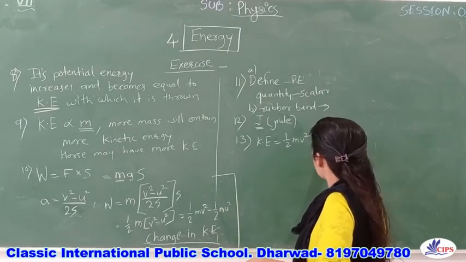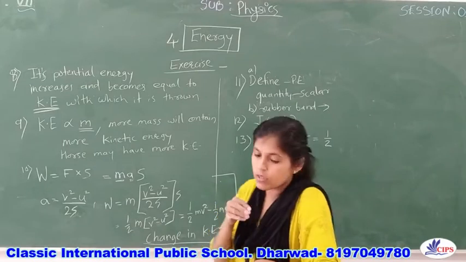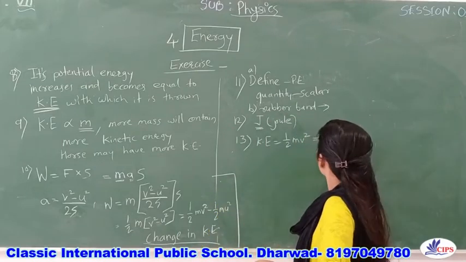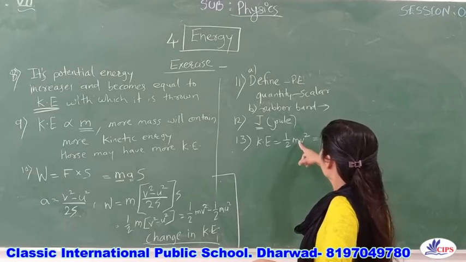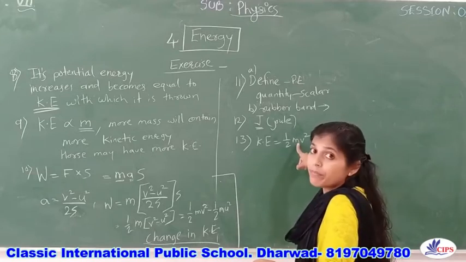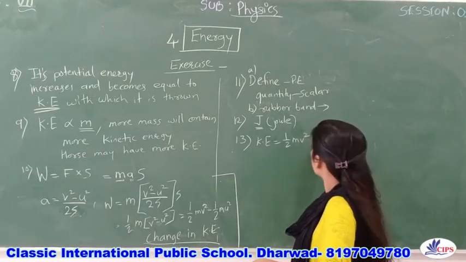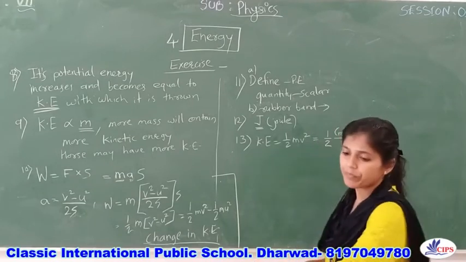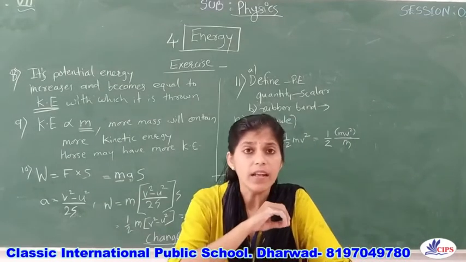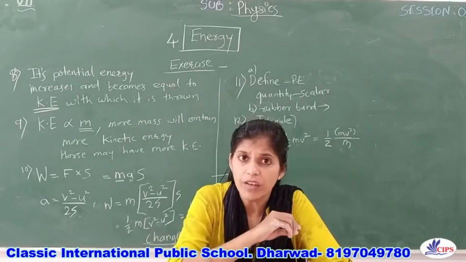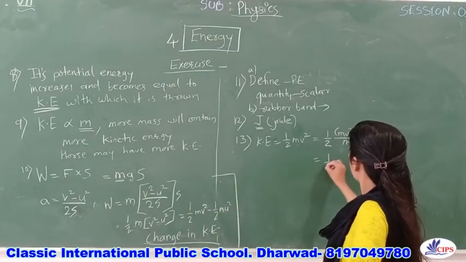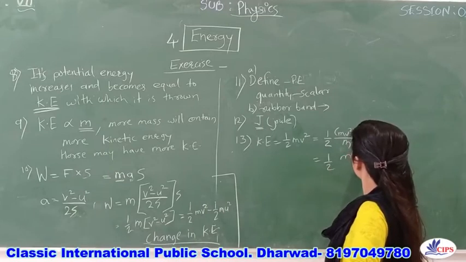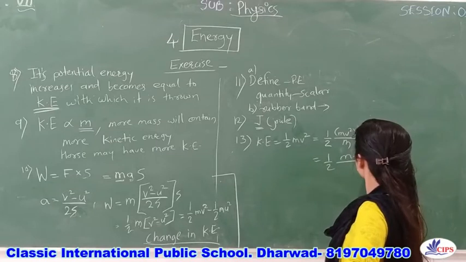That will be half m, the mass, mv square. It will come over here as mv square, right? That will be the changed momentum they are showing. So after making this sum, what you will get? It will be half into momentum by its mass.